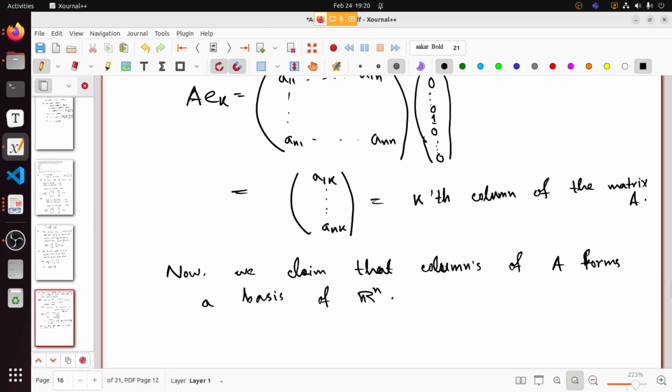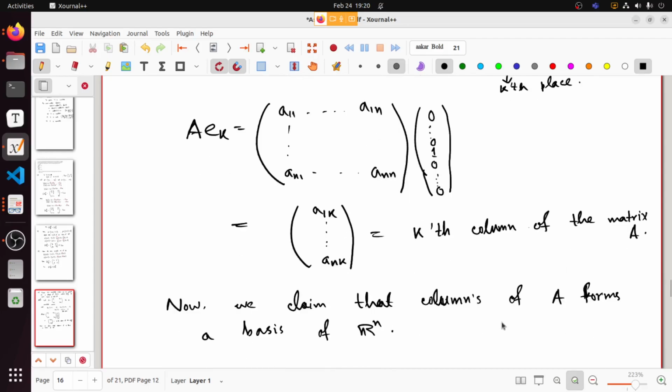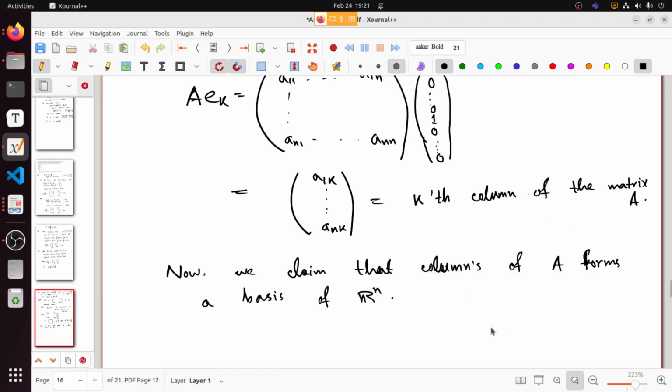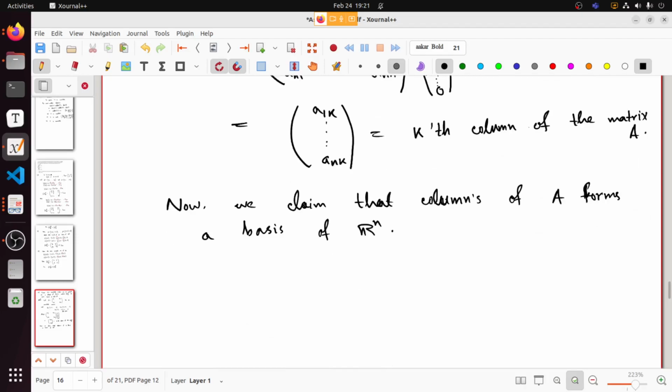There are n many columns, so if you show that they are independent, then they will be a basis of Rn.